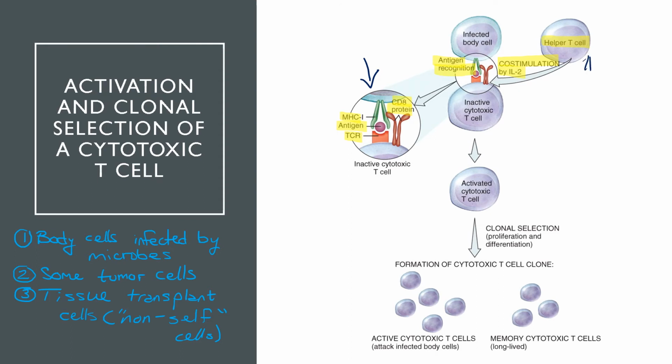So these helper T cells have already bound to copies of this purple antigen here. Now remember that these helper T cells are activated by antigens associated with MHC2 molecules.